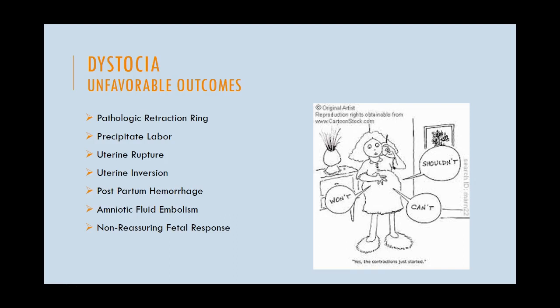Precipitate labor. This means a labor that happens really, really fast. So, for example, if we cannot get those hypertonic contractions decreased with intervention, then mom may experience a precipitate labor, which means from beginning to end, less than 3 hours.